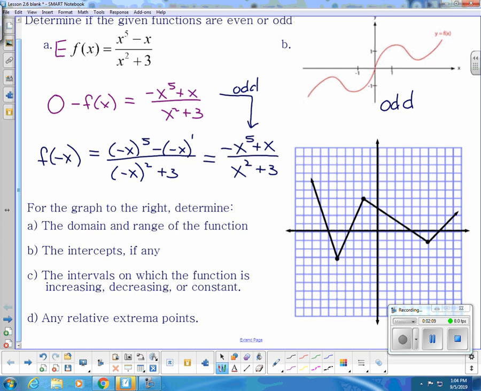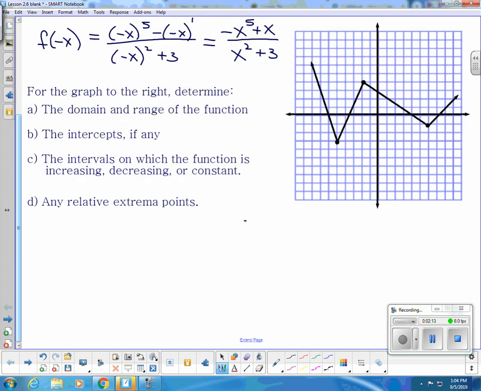Okay. Next section. Got a graph. What is the domain of this guy? Negative infinity to infinity. The range? Negative infinity to infinity? No. The bottom is at negative 3, including, so square bracket to infinity.